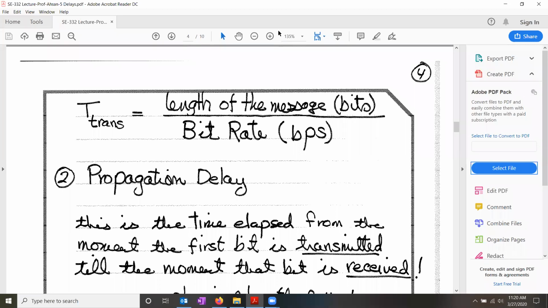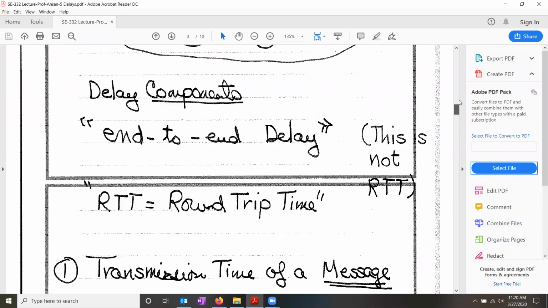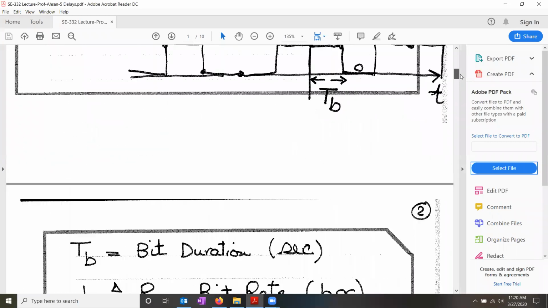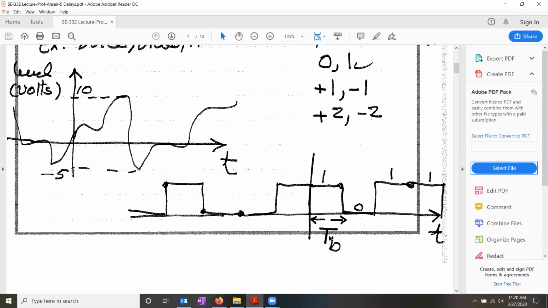Sir, are bit duration and transmission time of a message the same? No. Look, the bit duration in this signal, you see this square wave is representing 1010, certain bits.